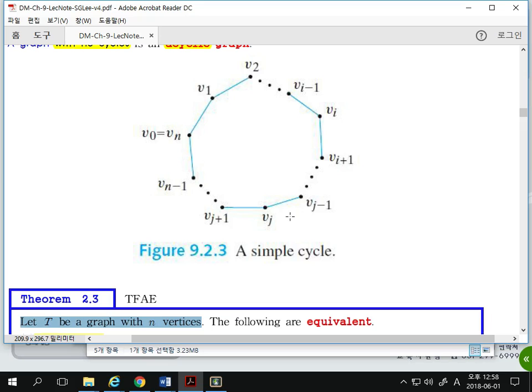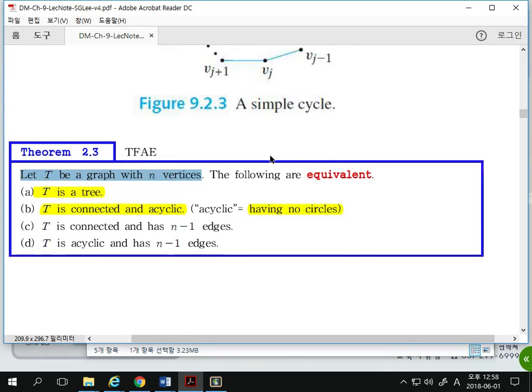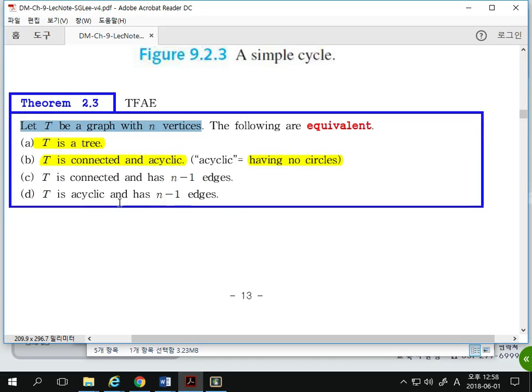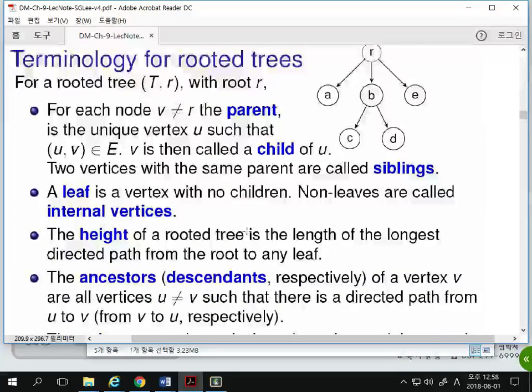If you have n vertices and n-1 edges, it is connected up to this point, and if there's one edge missing, it should be a tree. And it is acyclic and has n-1 edges. So yes, they are all equivalent. You can easily check it.